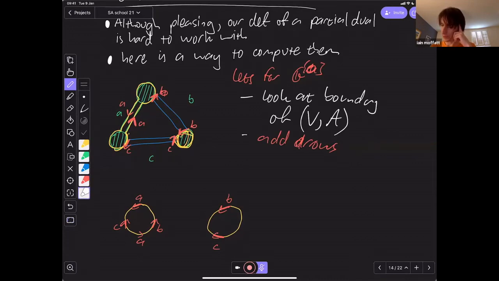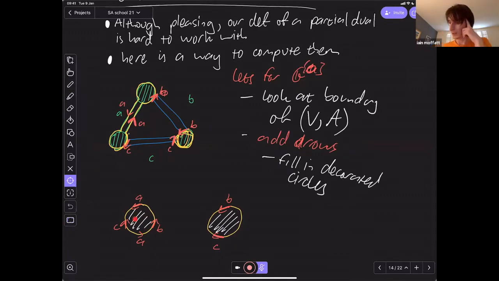So what I do here is I just fill in the circles. And by doing this, these circles become disks, okay? And these disks are now the vertices of my ribbon graph. My next step is to add the edges by connecting up the arrows.